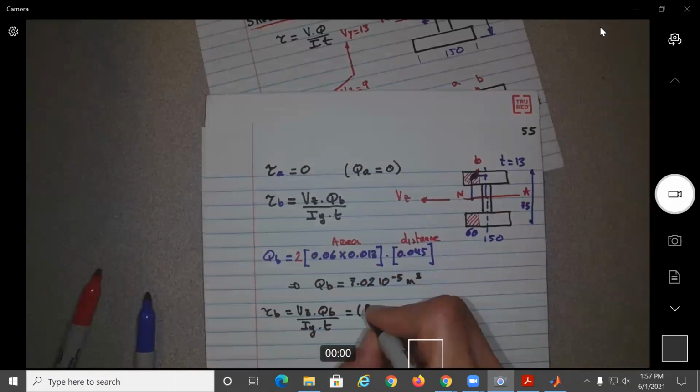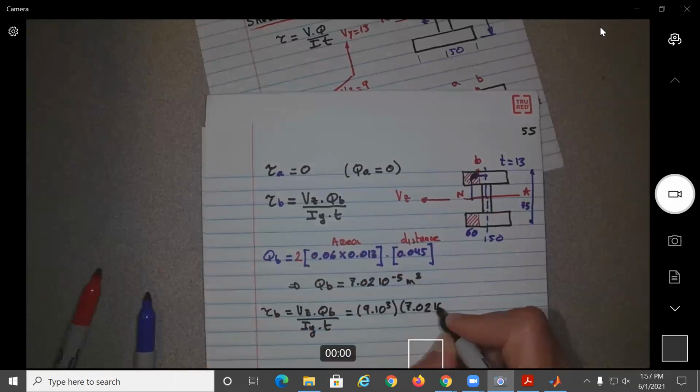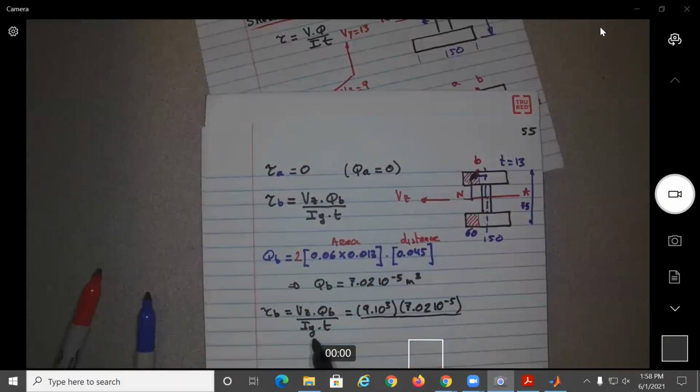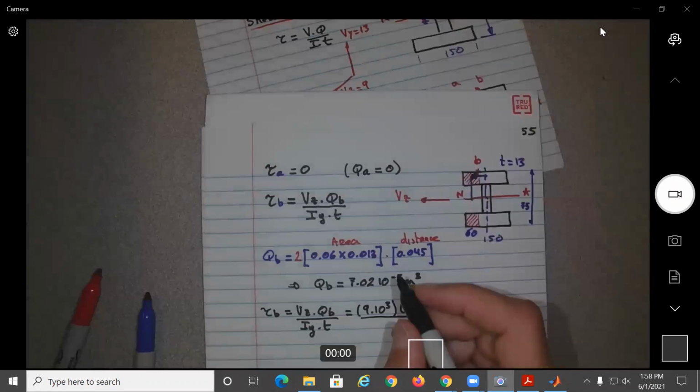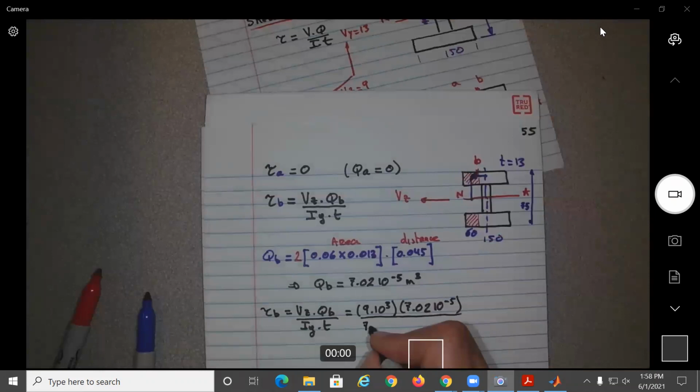This will be 9 kilonewtons times 7.02 10 to the minus 5, divided by the I sub Y that we said was equal to 7.3215 10 to the minus 6.